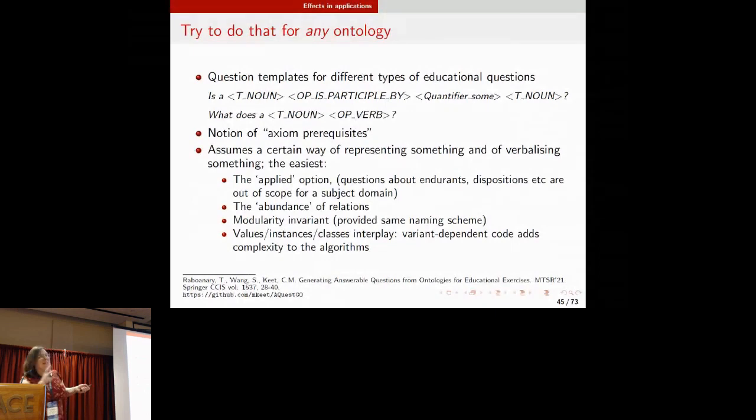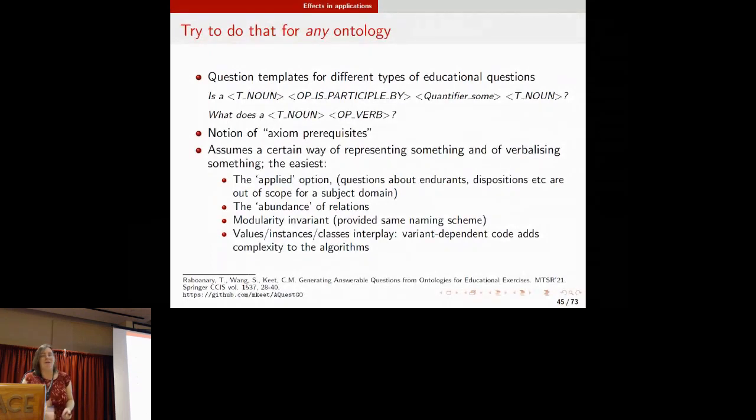And what we already saw there is that it assumes a certain way of representing your information in the ontology, specifically the applied option. Basically, for the content that is being generated, you want content about that specific subject domain. You don't want questions about endurants and dispositions if you're learning about cell biology.